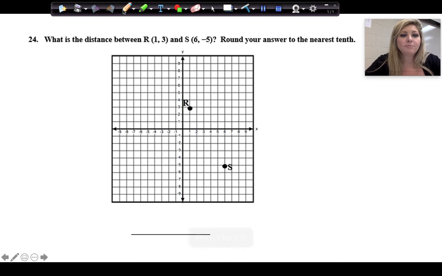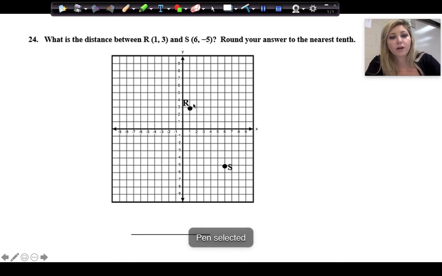What is the distance between R 1, 3 over 1 up 3 and S over 6 down 5? So we want the distance between these two. To do that, we are going to do a squared plus b squared equals c squared because this is a right triangle.